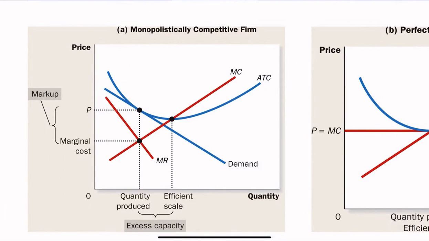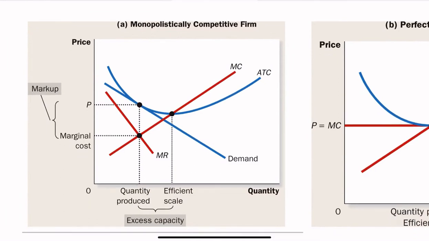What you can see here is, first, this point gives us the firm's output. And then this is the efficient scale. Remember, what is the efficient scale? It is the output at which the average total cost is minimized. So here you can see that the firm's output is smaller than the efficient scale.